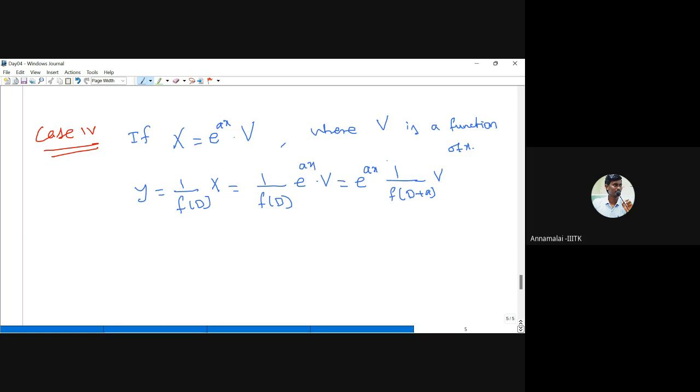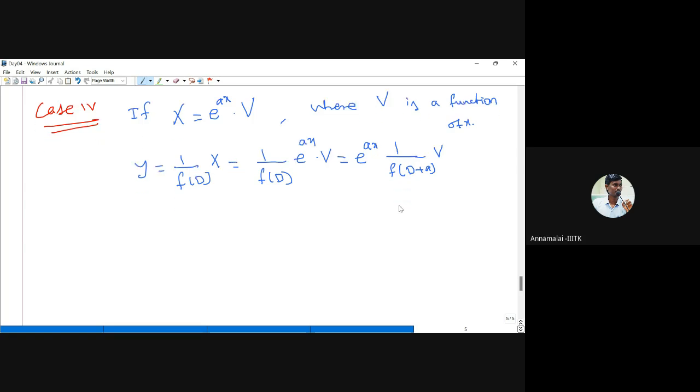Now maybe we will discuss an example. Exercise: find the particular integral of the equation D square minus 2D plus 4 times y equal to e power x into cos x. We know f of D is nothing but this.